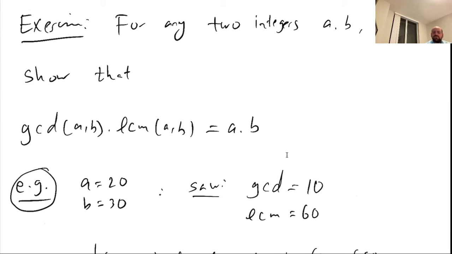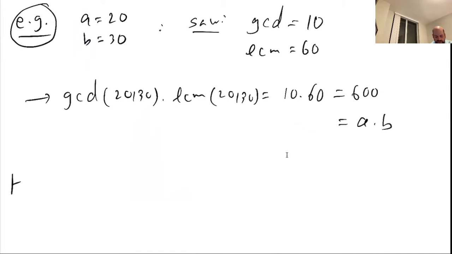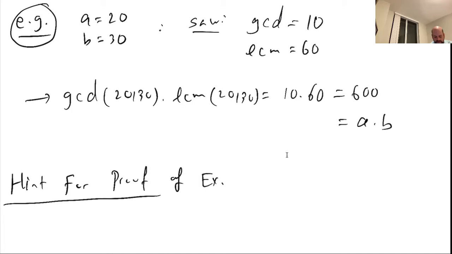For example, you can work with an arbitrary A and B, write a prime factorization for A, prime factorization for B, right? So let me write a hint for the proof of the example above.